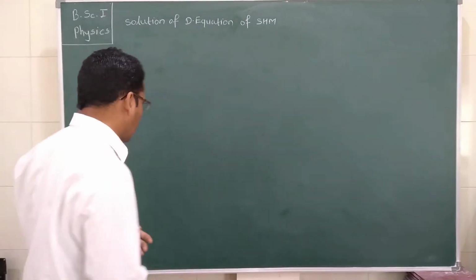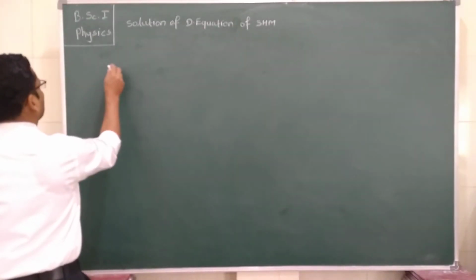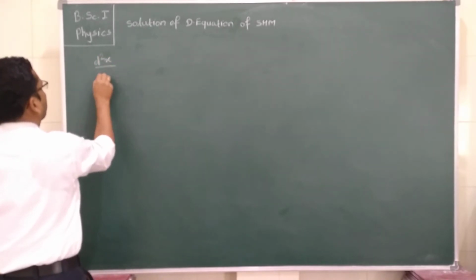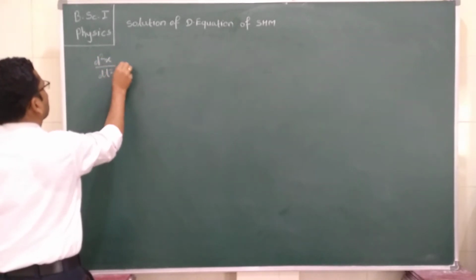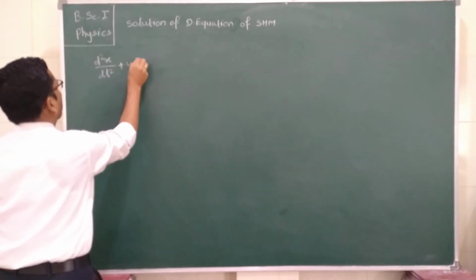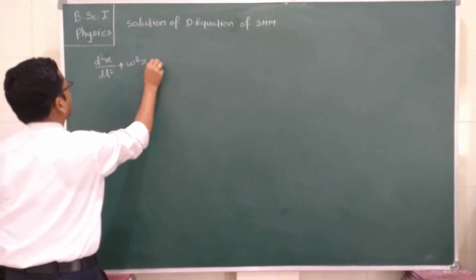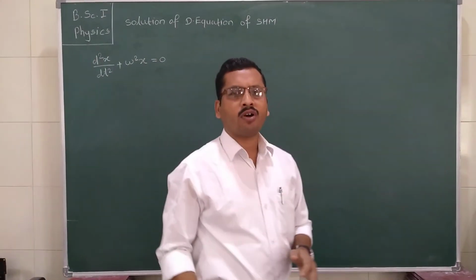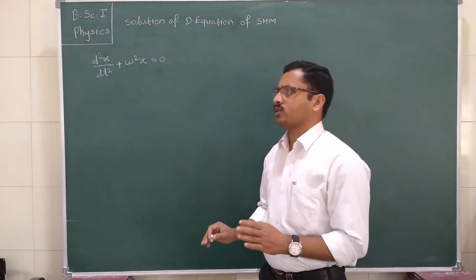In the last lecture we derived this relation. It is d2x by dt square plus omega square into x is equal to 0. This is the differential equation of simple harmonic motion.